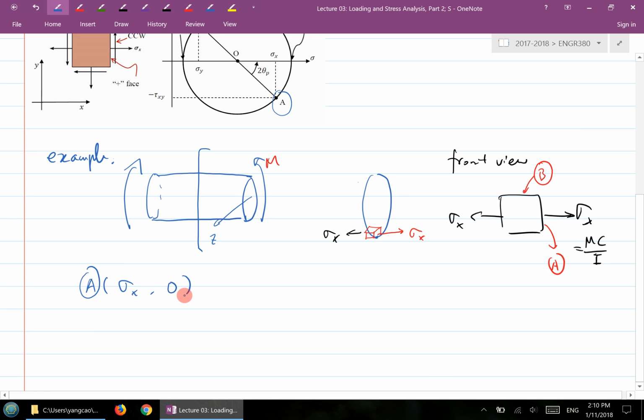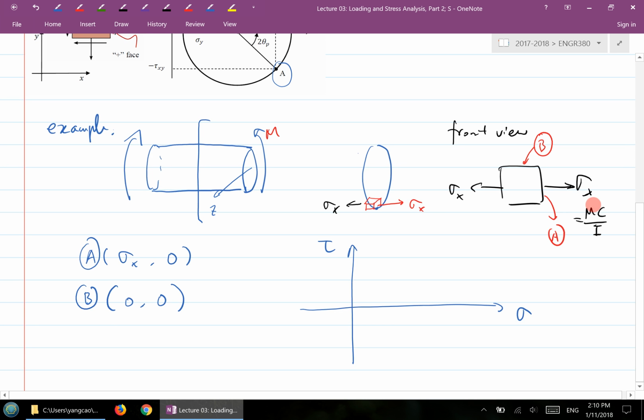Face B has coordinates 0, 0. So to draw the Mohr circle, first draw the sigma and tau coordinate system, and find the coordinates for A, which is A here.